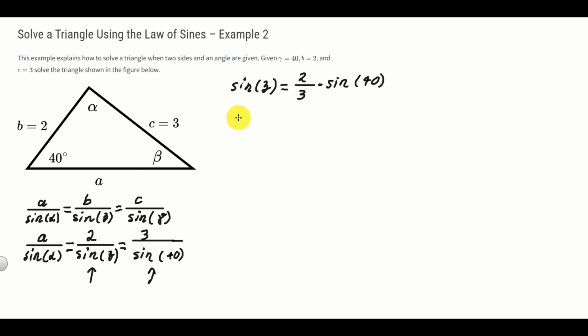From this equation, it follows that beta is actually inverse sine or arc sine of the right hand side, and the right hand side is 2 over 3 multiplying sine 40.